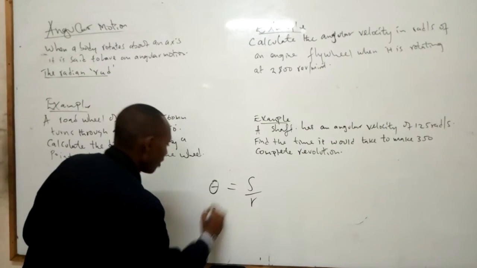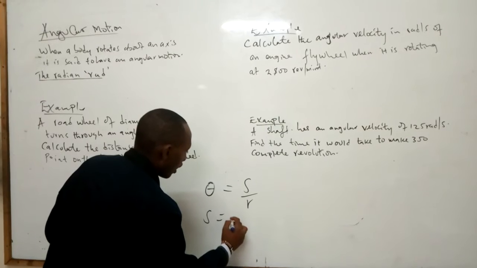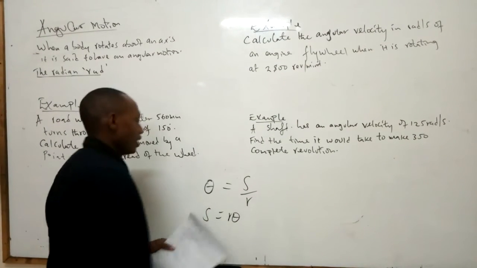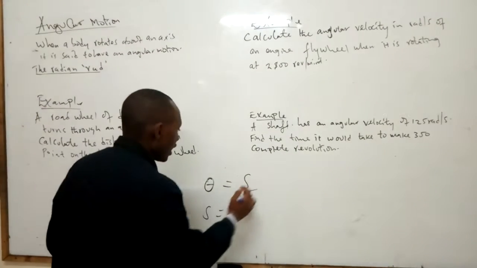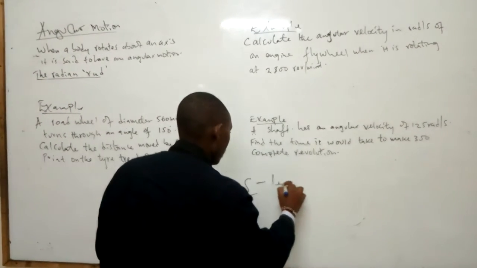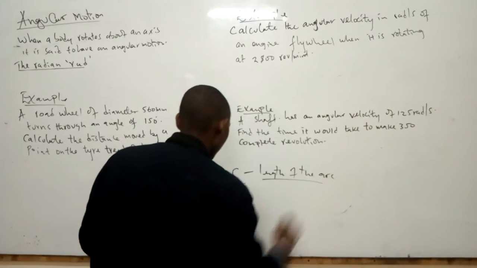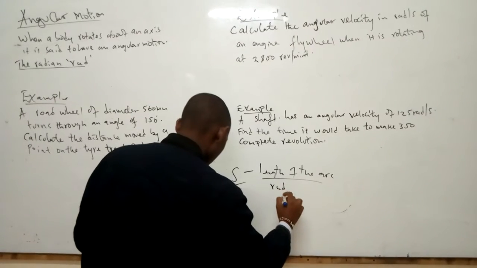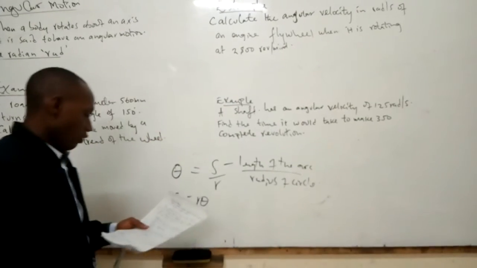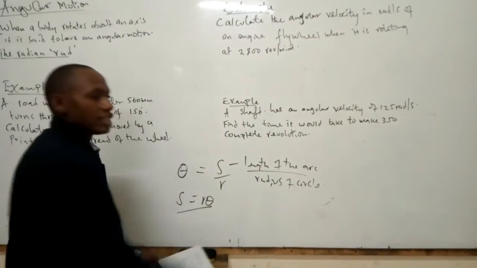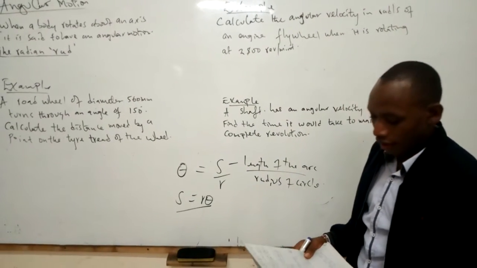Now, to make s the subject of the formula, the arc length is equal to theta r, or r theta. This is the arc length divided by the radius of the circle. So s, the displacement, is given by s equals r theta.